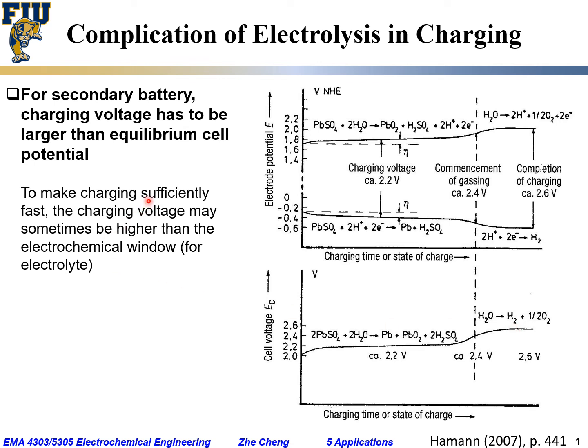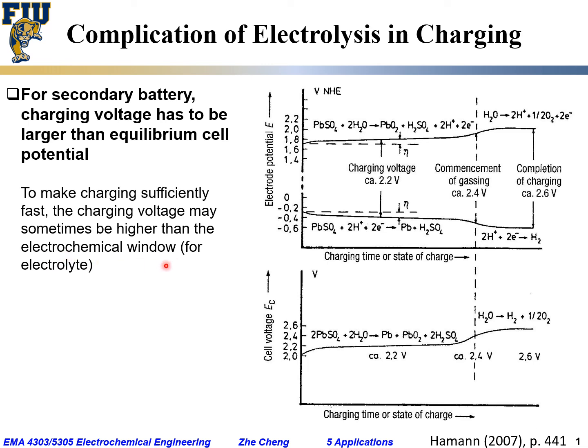Why do we do this? Because in order to maintain the charging at an adequately fast rate, we have to apply voltage higher than equilibrium, and how high depends on the current density. But no matter what, you'll be higher than the equilibrium, and as you charge it more and more, the equilibrium potential also increases, and you have to apply an even larger voltage, and at a certain moment the applied voltage is enough to drive an appreciable amount of side reaction.